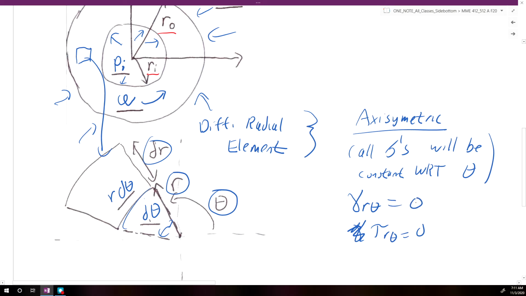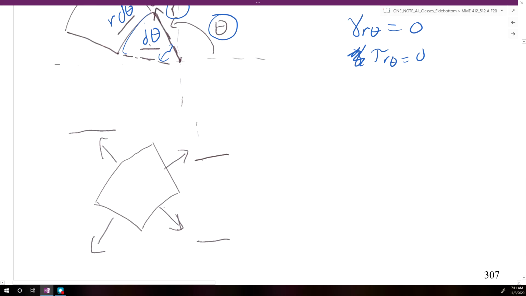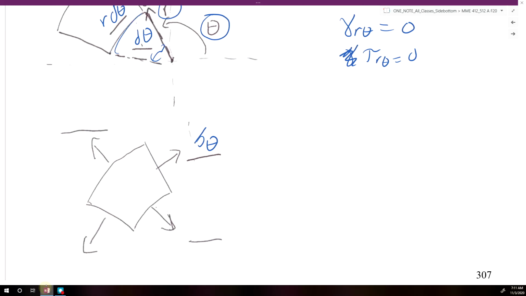So what we end up getting for our stress element is a tangential stress, sigma theta, going along the circumference of the circle, and along the radius we'll have sigma r, and then sigma r plus any change in that stress, d sigma r.